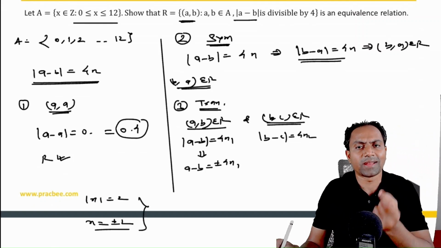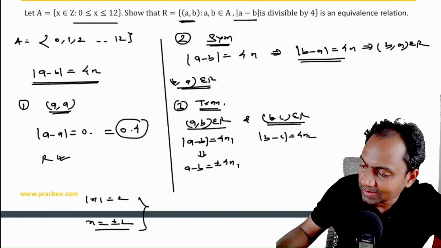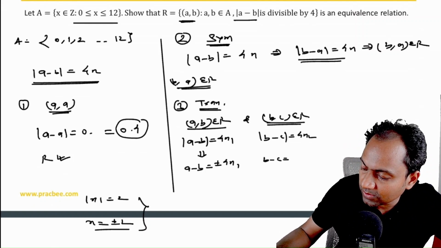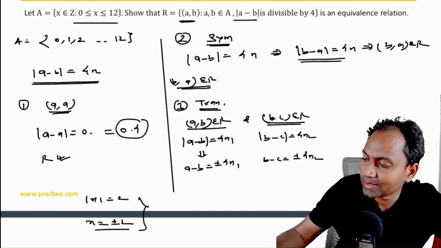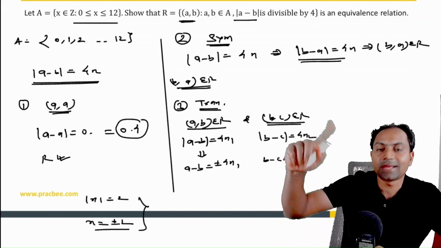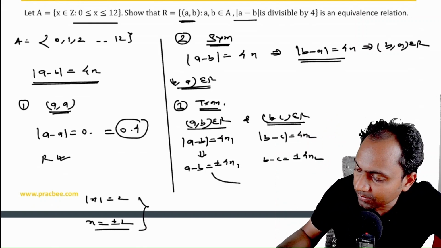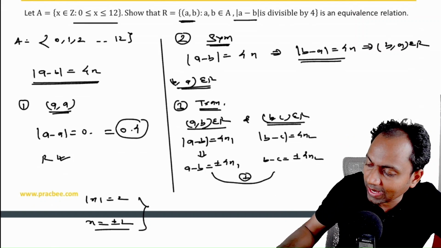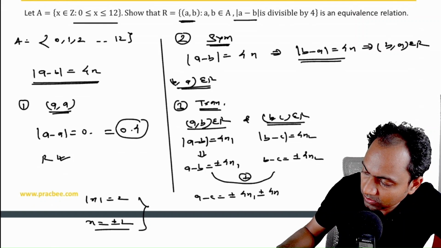This is a very basic idea based on modulus. If I write it for the next relationship, this can also be written as b minus c is equal to plus minus 4n2. Now you can see that what we want is a relationship between a and c. So we want to eliminate b. In order to eliminate b, we can add both of these relations. If you add these equations, you get a minus c is equal to plus minus 4n1 plus minus 4n2.